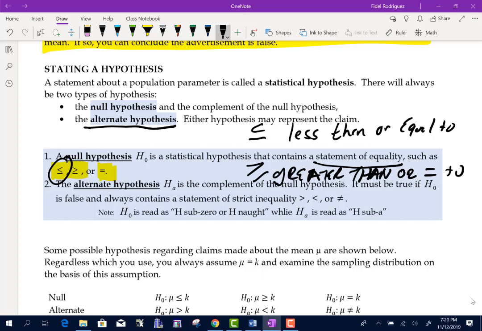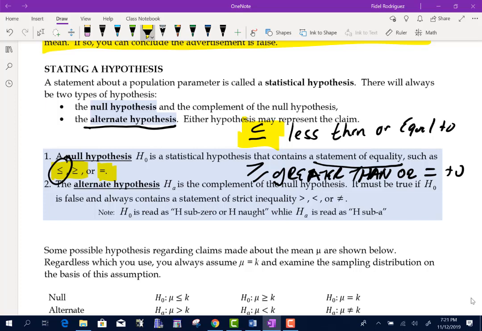The Pac-Man eats the bigger number. I don't know if you guys learned it like this, but this is how I learned it. Less than, which way is that little arrow pointing? It looks like an L, and it's pointing to the left. So less than is to the left, greater than is to the right.